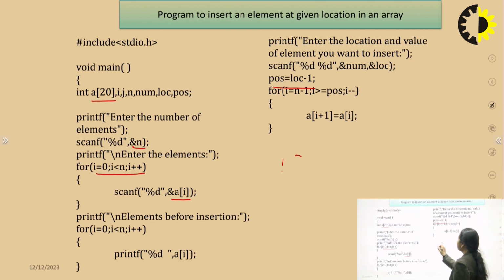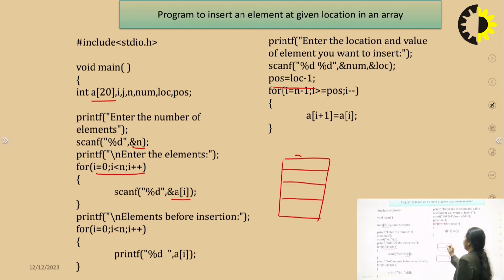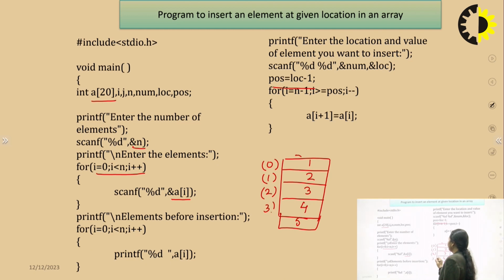Means if I consider an example, if I create an array of 5 elements, this is 0 position, 1, 2, 3 and 4. So at position 0, I have element 1. At position 1, I have element 2.